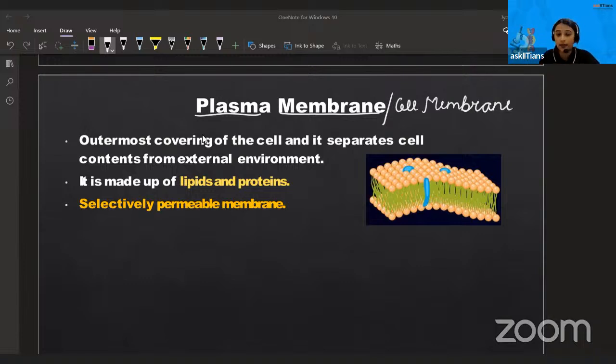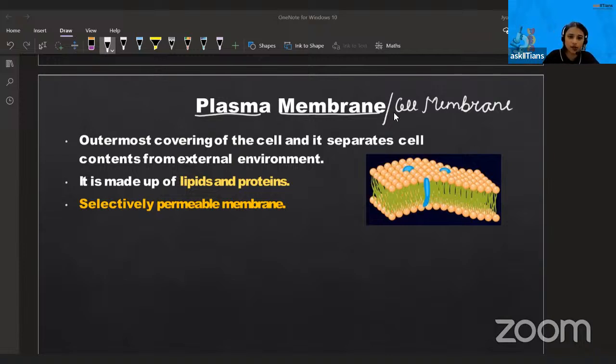Now what is the function? Obviously, it is a protective covering. It protects the cell from the external environment. It separates the content which is present inside, like your cytoplasm, your nucleus, and other organelles, from the external environment, right?